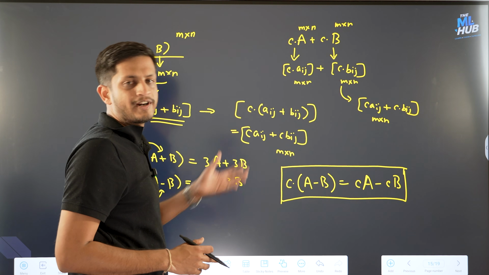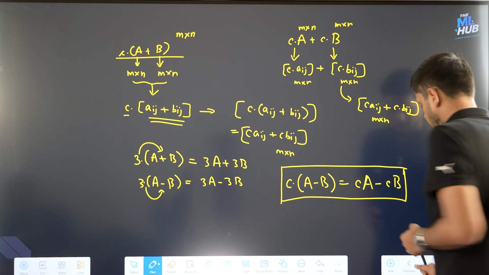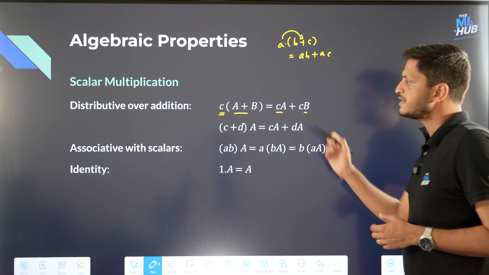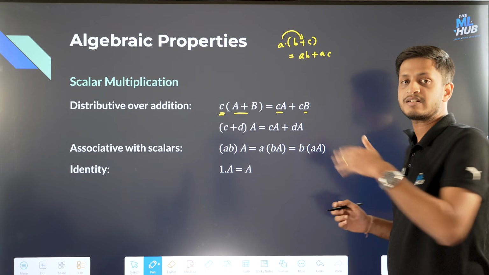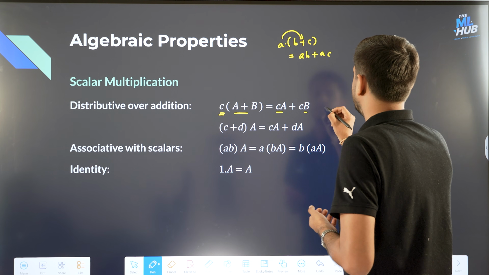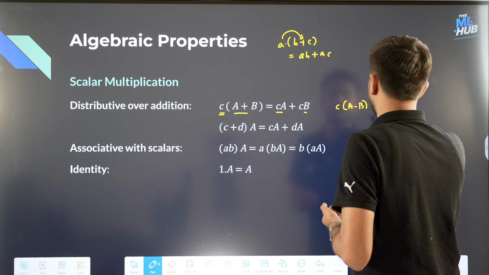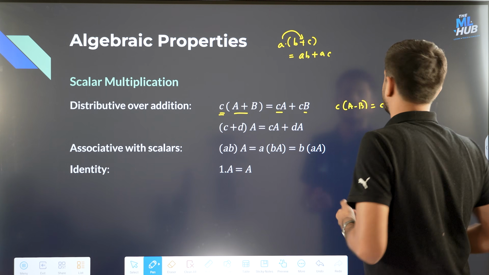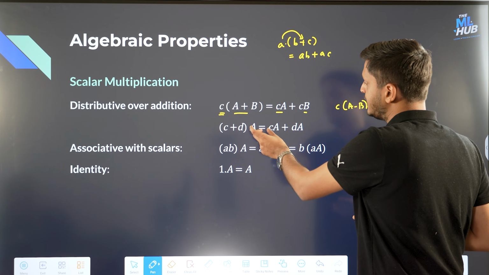For addition we have already proved it, for subtraction you can prove it. Cool. So this is distribution. Similarly, you can write that scalar multiplication is distributive over subtraction as well, and we can write it here, c times (A minus B) will be equal to c times A minus c times B, okay.